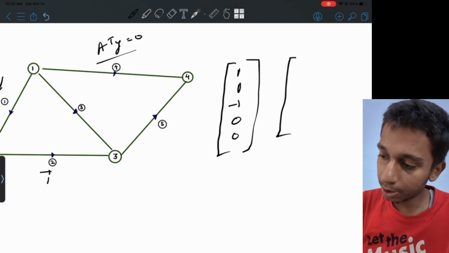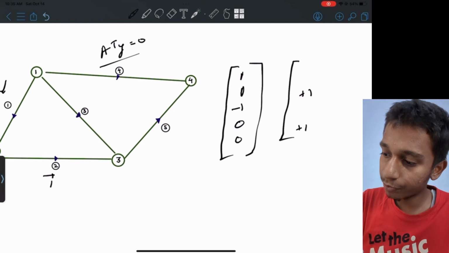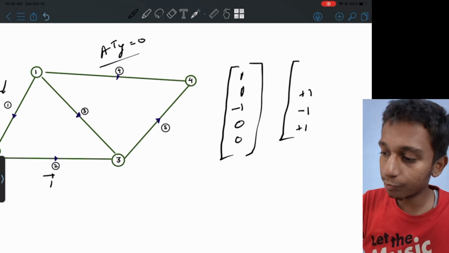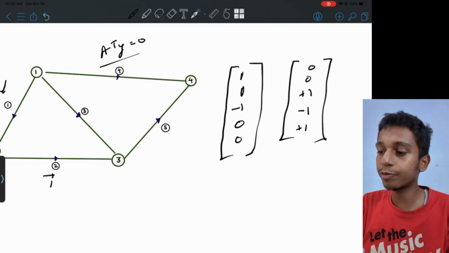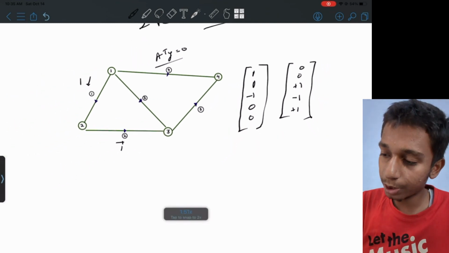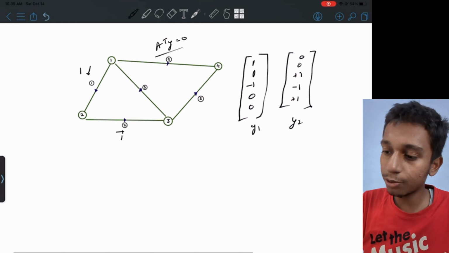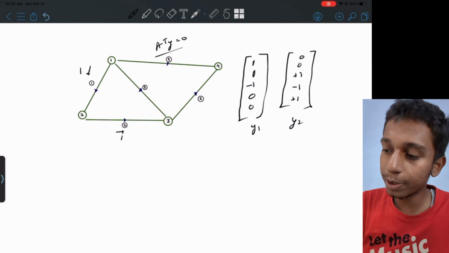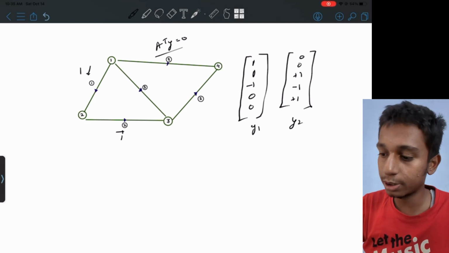So it is +1 for the third node, +1 for the fifth node, and -1 for the fourth edge. For the third and fifth edge we have a +1, and for the fourth edge we have a -1, and no current for the first and second node. So these two independent solutions y1 and y2 are definitely solving our original problem that we had started with, that results in the solution of KCL.